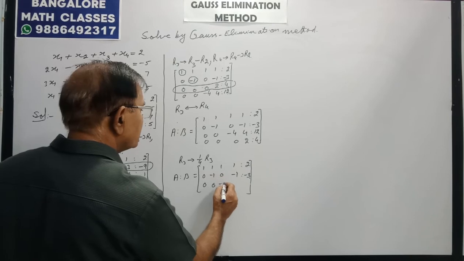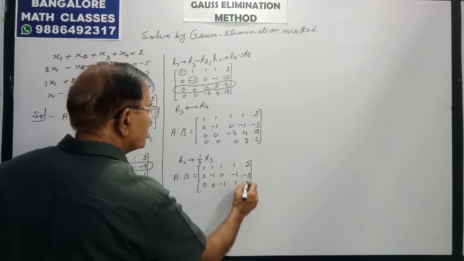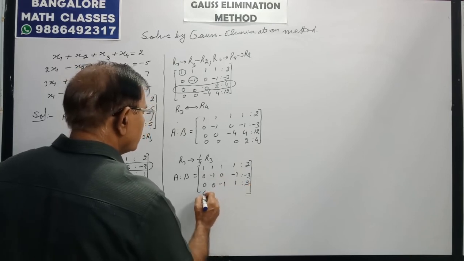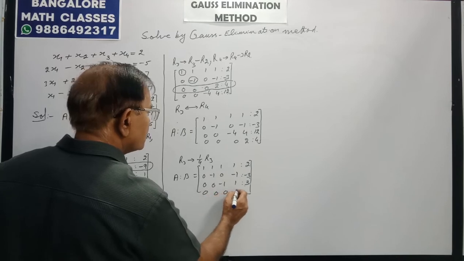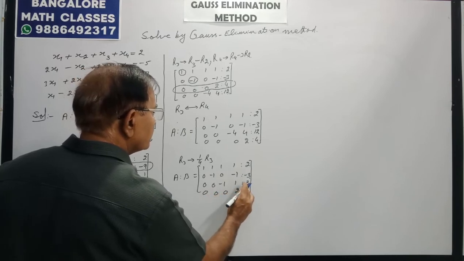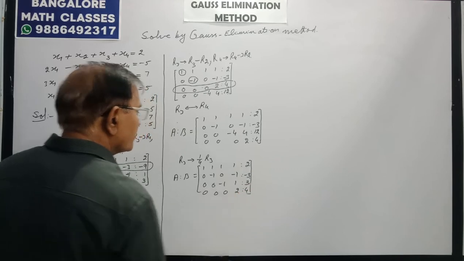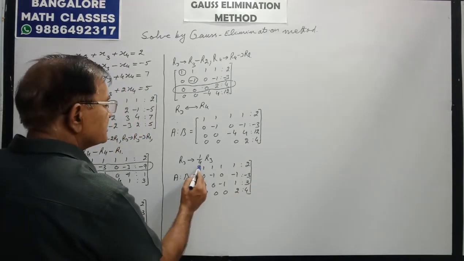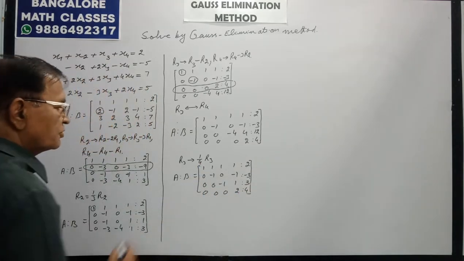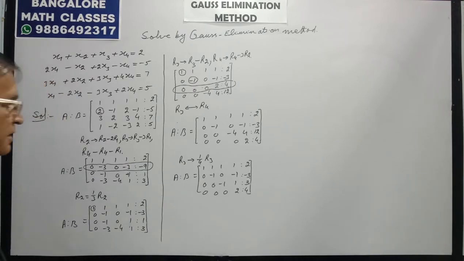We want 1/4, that is 1, 1 and 3. 1, 0, 0, 0, 2 and 4. Now here lies the diagonal. Below the diagonal we are getting zeros.